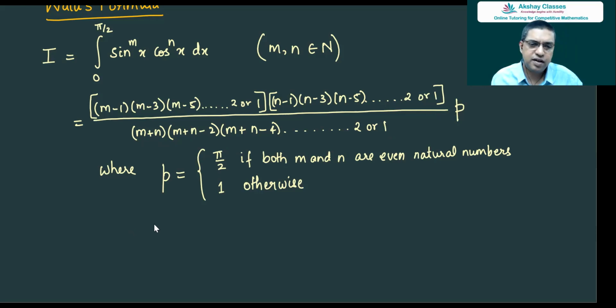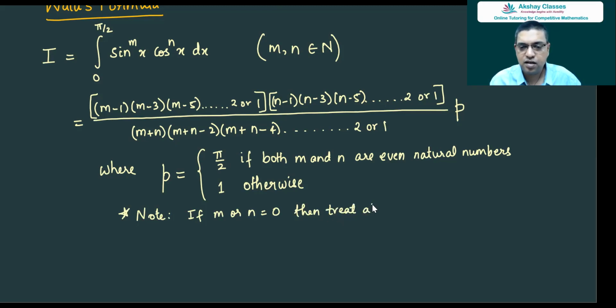Now, if m or n is equal to 0, then that is treated as even. Note: if m or n equals 0, treat it along with even numbers.